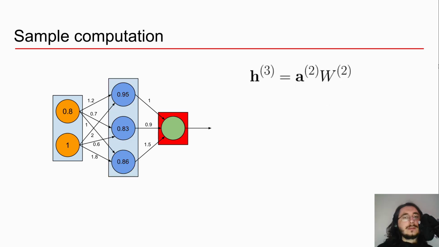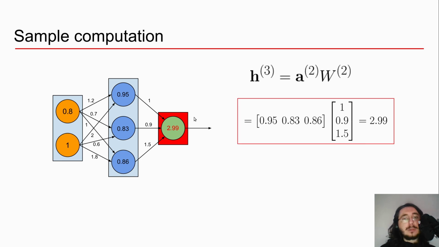Okay, great. So we now have the output of the second layer, and we're ready to process the third layer. To get the net input for the third layer, we do a matrix multiplication between the activations from the second layer and the weight matrix for the connections between the second and the third layer. So let's plug in the numbers, and as you can see here, there's an interesting thing, which is that the W2 matrix is actually a column vector.